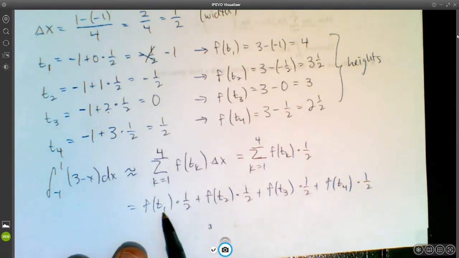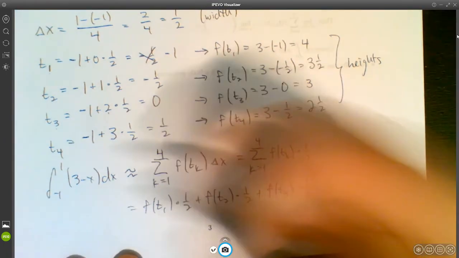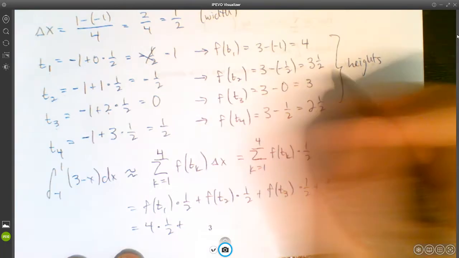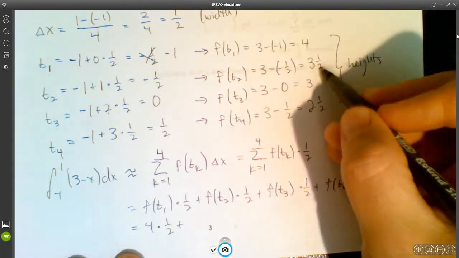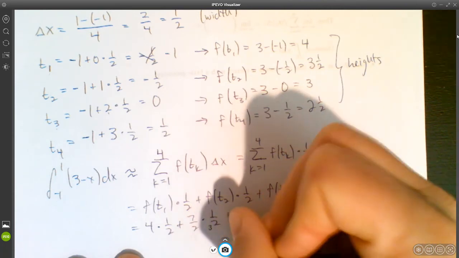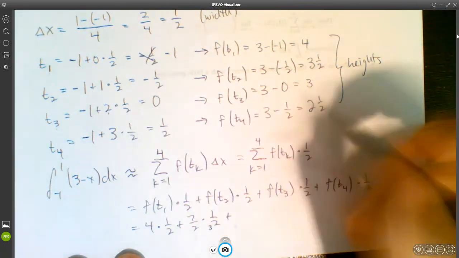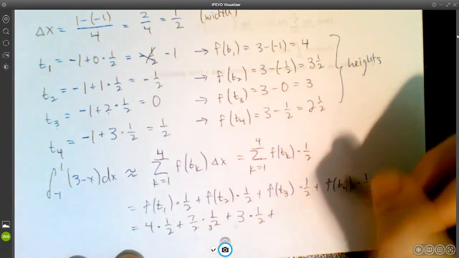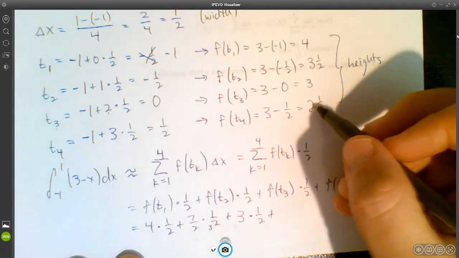What's f of t1? Well, f of t1 is 4. So this is 4 times 1/2 plus f of t2 is 3.5, or in other words, 7/2. So 7/2 times 1/2 plus f of t3 is 3. And f of t4 is 2.5, so that's 5/2.